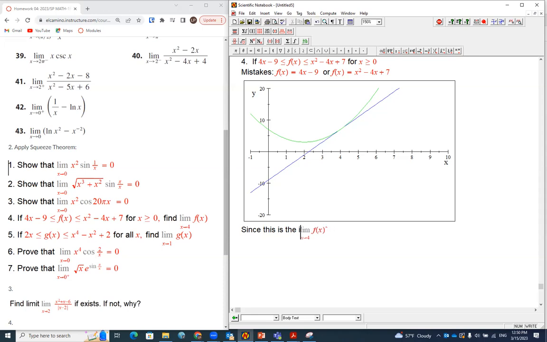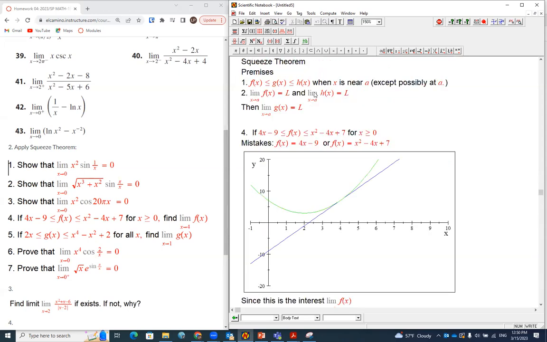So when we apply the theorem, we check whether this condition is satisfied in the neighborhood of 4. If it is satisfied for all x greater than or equal to 0, we can certainly apply it, since this is in the neighborhood of 4.